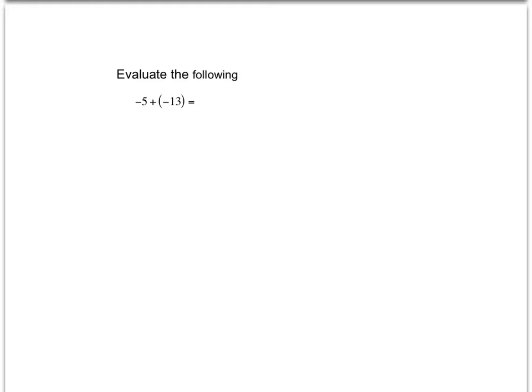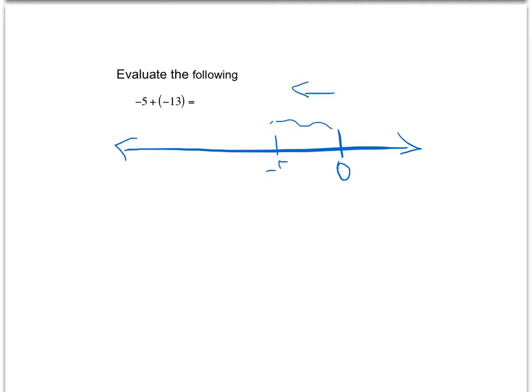Evaluate the following: -5 plus -13. Go ahead and start by drawing a number line. Find our 0 point and go to the left direction for 5, leaving us at -5. And we're going to add to that -13.